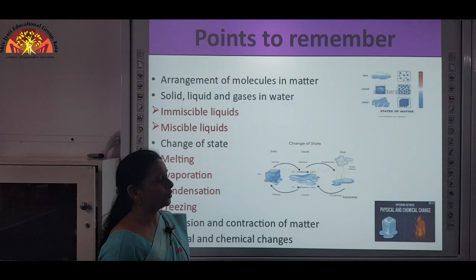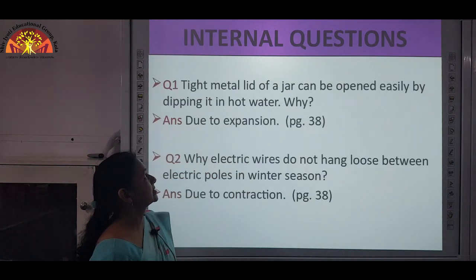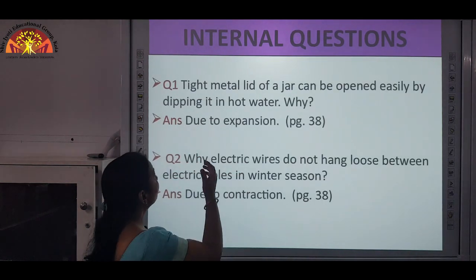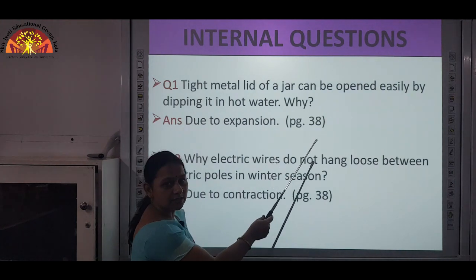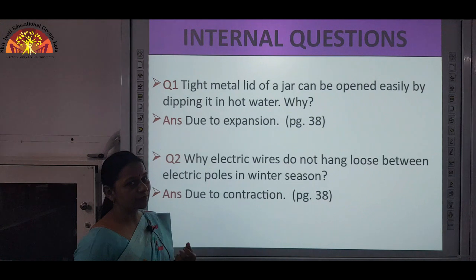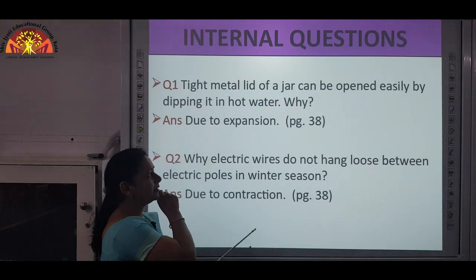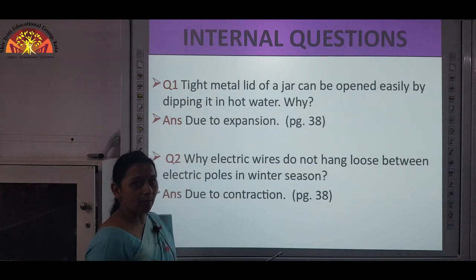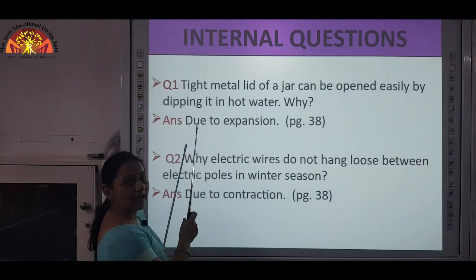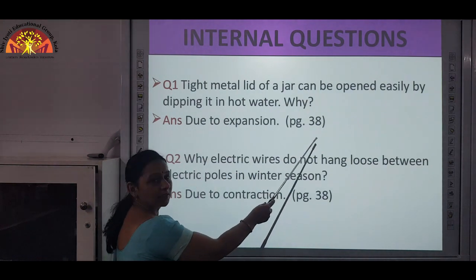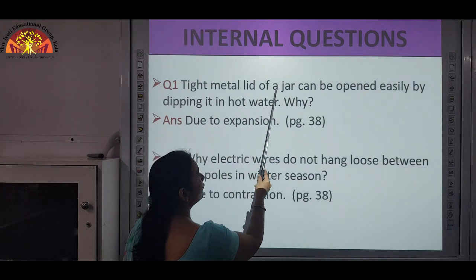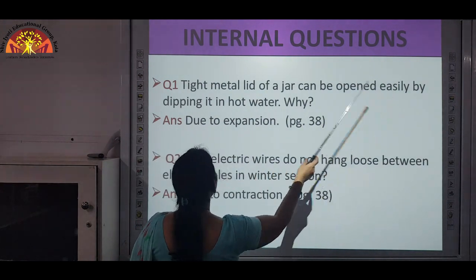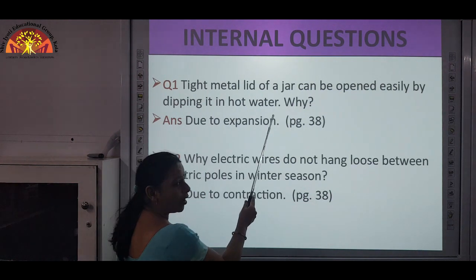Now, let us go through the internal questions. The first internal question is on page number 38. So, students, you need to pick up your pencils and quickly mark it in your books, underline the line on page number 38. The first question is, tight metal lid of a jar can be opened easily by dipping it in hot water.